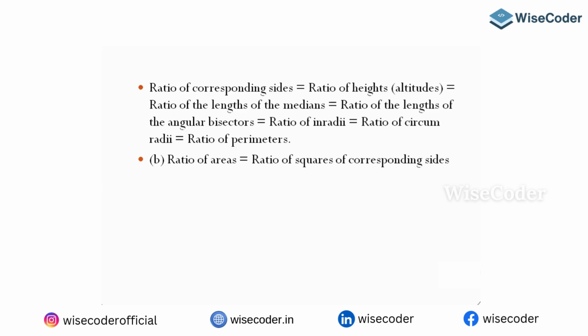All are equal in similar triangles, and the ratio of areas is equal to the ratio of squares of corresponding sides. This is what you need to understand and focus on.